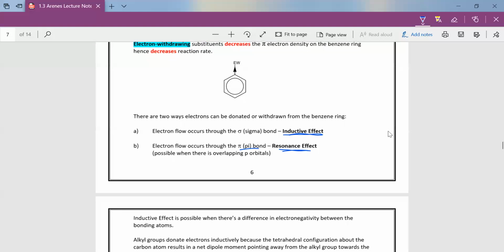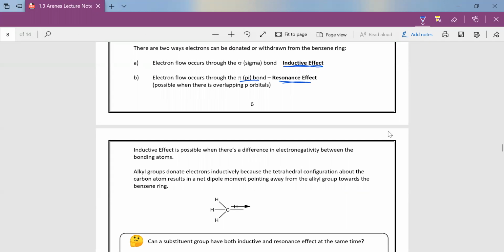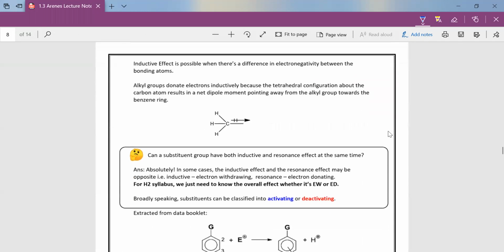Inductive effect is only possible when there's a difference in electronegativity. An alkyl group will donate electrons inductively, because of the configuration itself, so it points away from the alkyl group. Can we have both effects at the same time?